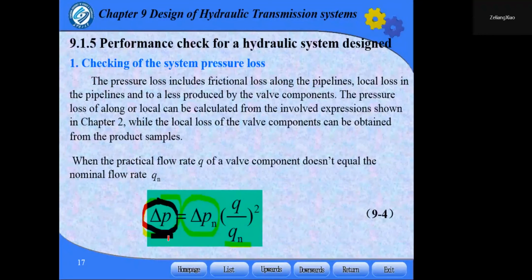Then the practical partial loss equals the nominal partial loss multiplied by the ratio of the practical flow rate to the nominal flow rate, squared. So we can calculate the partial loss by this equation.